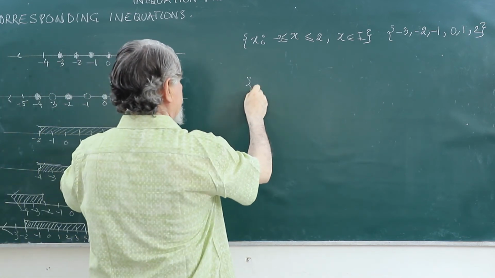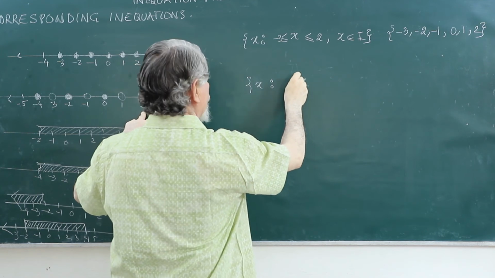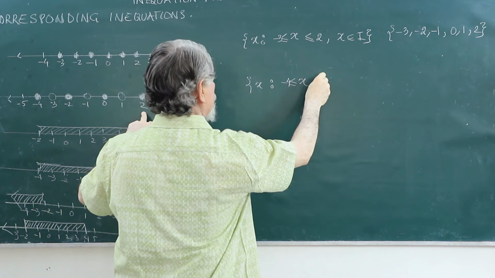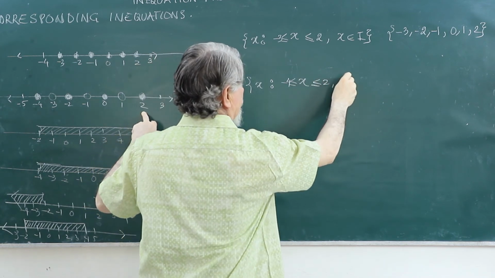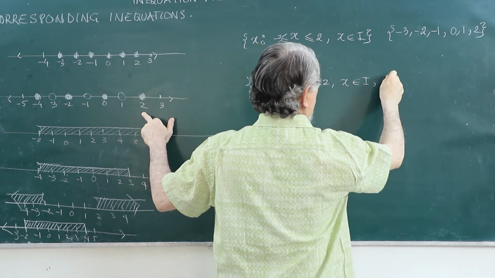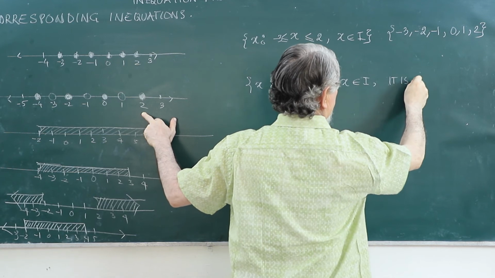So x is greater than equal to minus 4 and less than equal to 2. X belongs to integers.